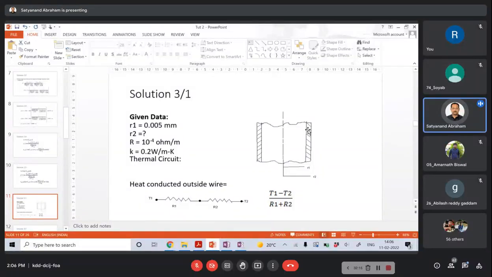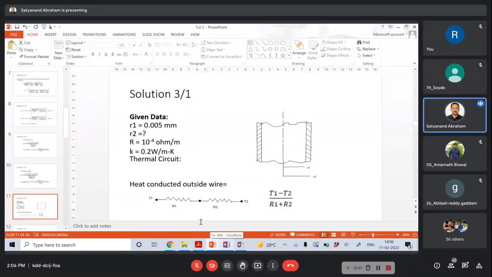So with a particular inner temperature for the insulation, we can pass the maximum possible current, or maximum possible heat.